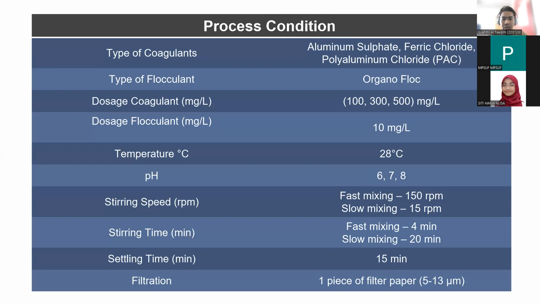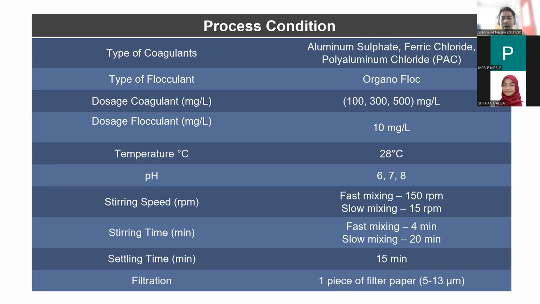So the process conditions of the coagulation flocculation method: I have 3 coagulants, aluminum sulfate, ferric chloride, and polyaluminum chloride, and the type of flocculant is organic floc. The coagulant dosage that I varied is 100, 300, 500 mg per liter, and the flocculant dosage is 10 mg per liter, constant for all the coagulation flocculation processes. The temperature is 28 degrees Celsius, and the pH that I varied is 6, 7, and 8.